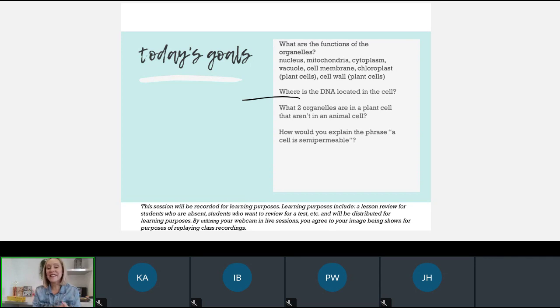There is a chloroplast that has a chemical called chlorophyll in a plant cell that makes it green. We're going to talk about all of that and why leaves change colors and all those fun things in this unit. But that is one of the organelles.